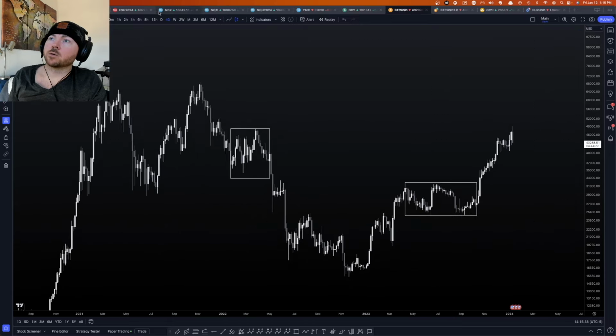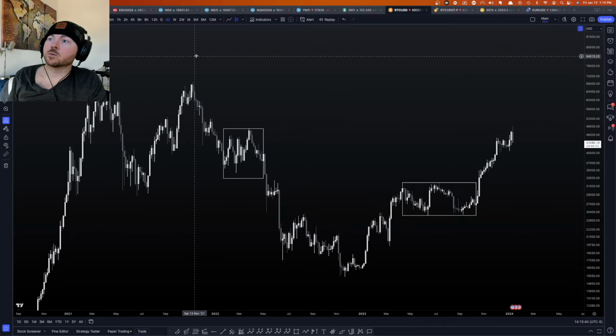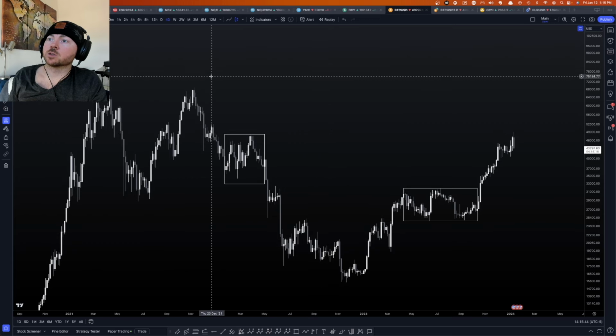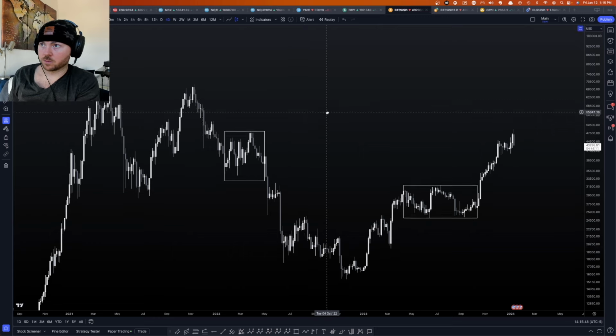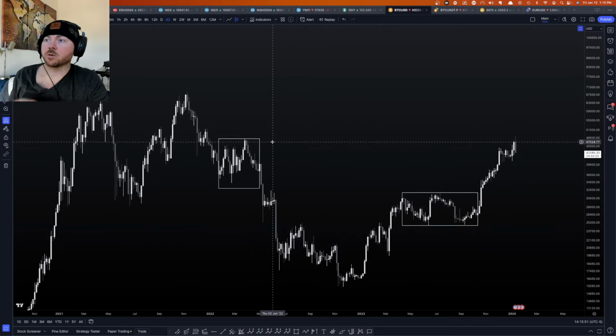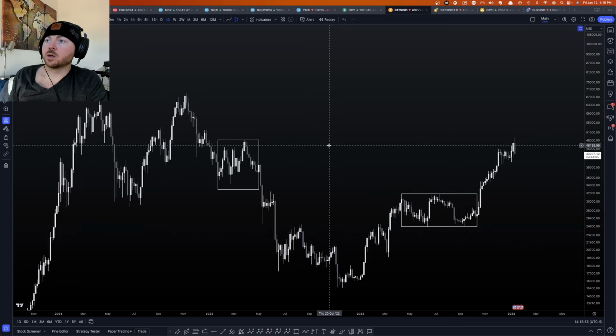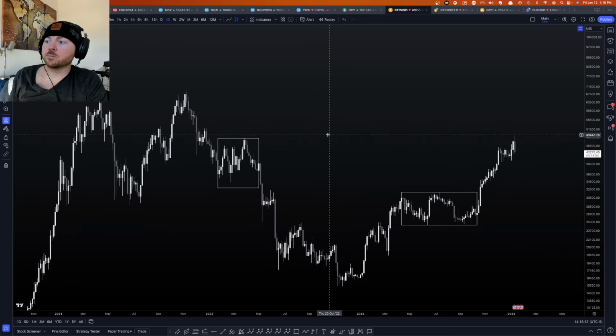I'm on a 4-day right now because, with being able to see all of this price action, it's a nice middle ground between the day and the weekly for me to see everything but not have too much stuff. Another thing I want to be thinking about is timing.